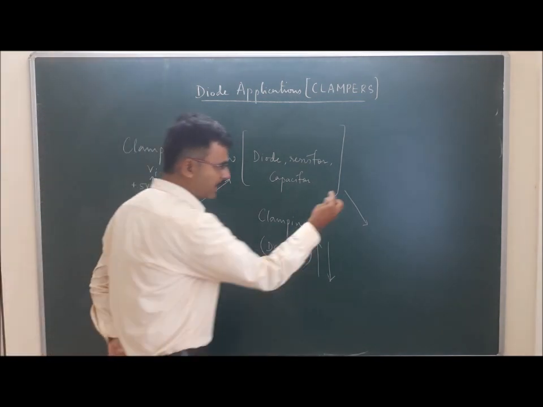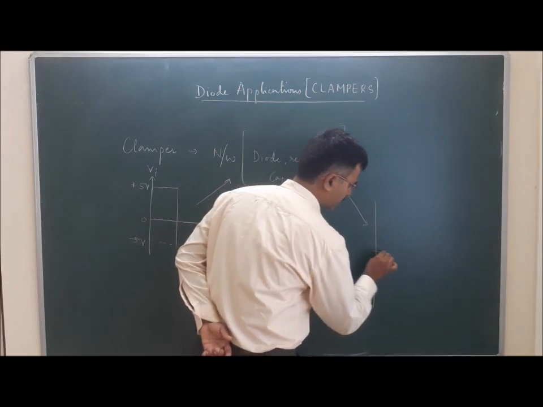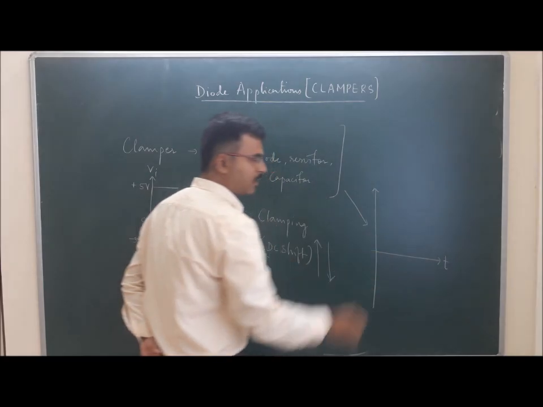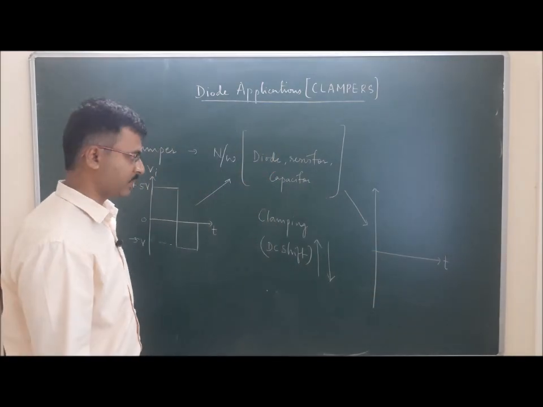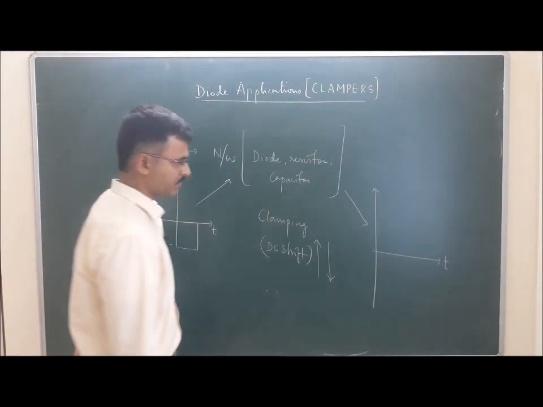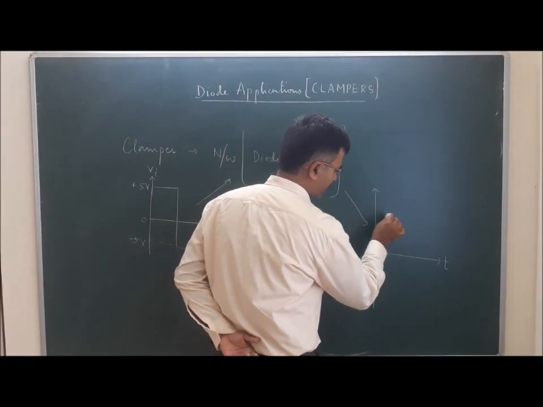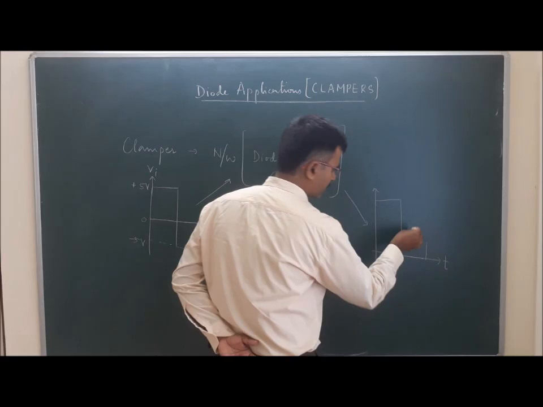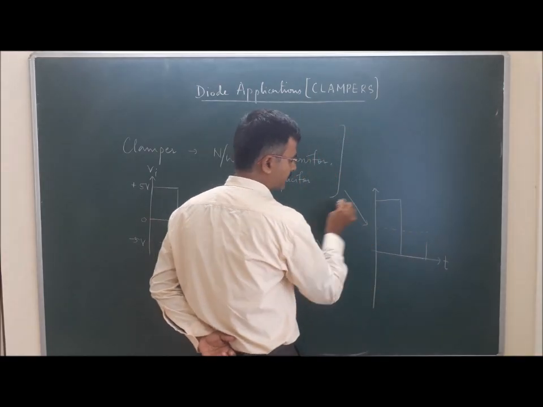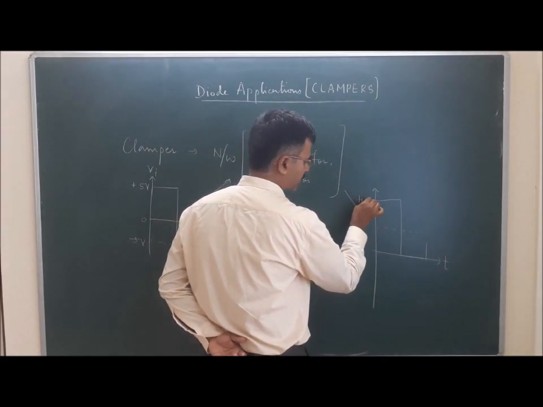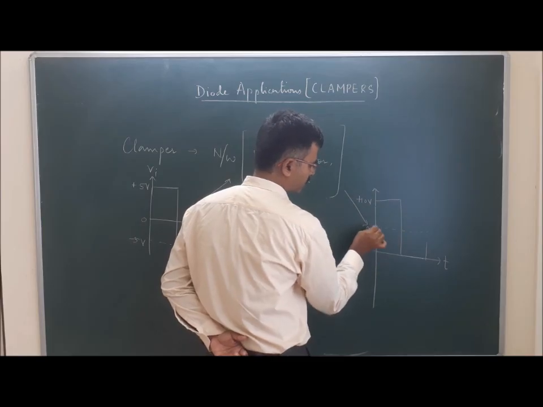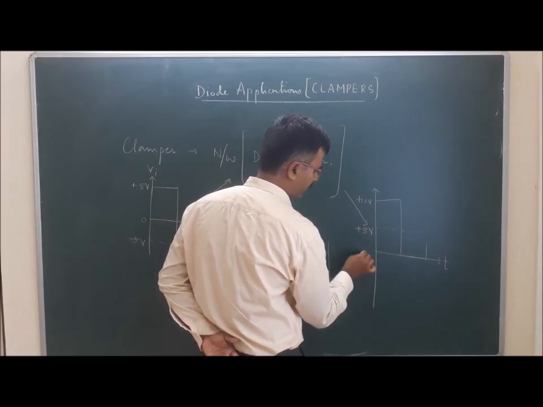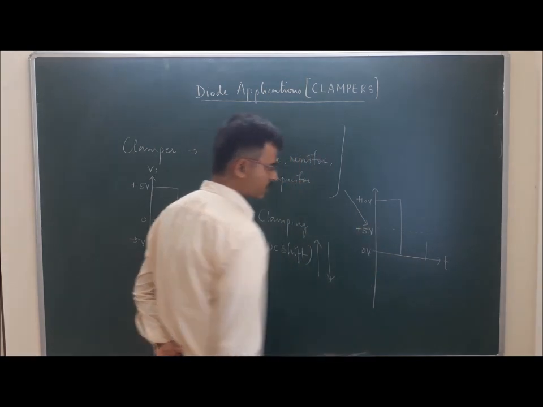Now at the output side, the output could be like this. Suppose this is a positive clamper circuit, then the output could be like this, with the reference levels like plus 10 volts, 0 volt, plus 5 volts and 0 volts.